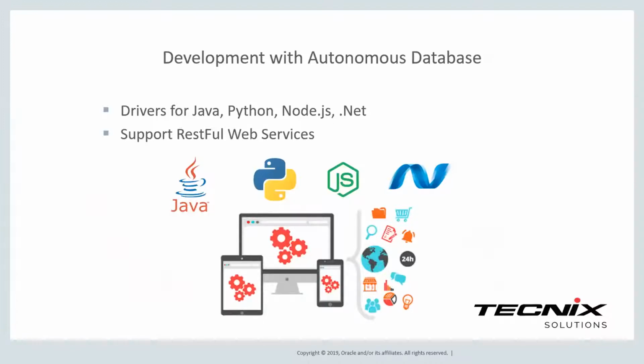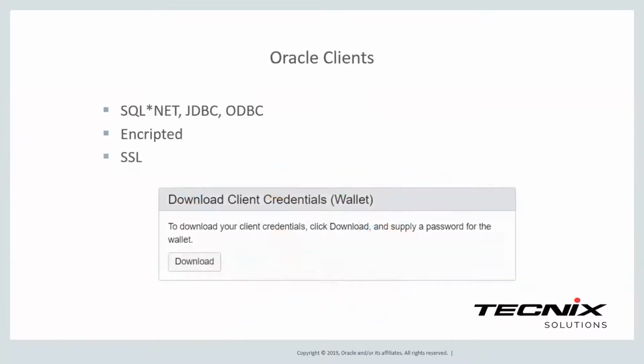For development with Autonomous Database, Oracle has drivers for Java, Python, Node.js, and .NET. And we can also use RESTful web services because they are supported. Oracle clients like SQL*Net, JDBC, or ODBC can connect with an Oracle Autonomous Database.